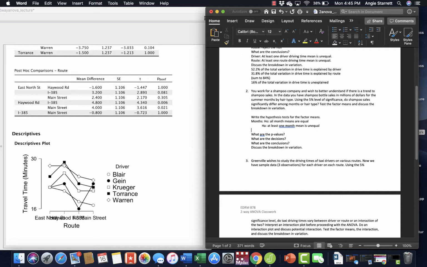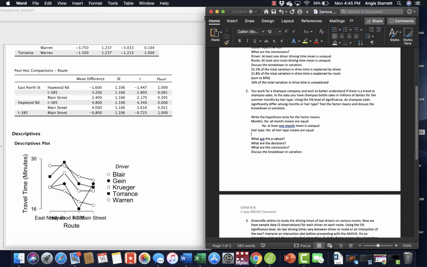And then we've also got hair type and a null that says all hair type means are equal, and an alternative that says at least 1 hair type mean is unequal.